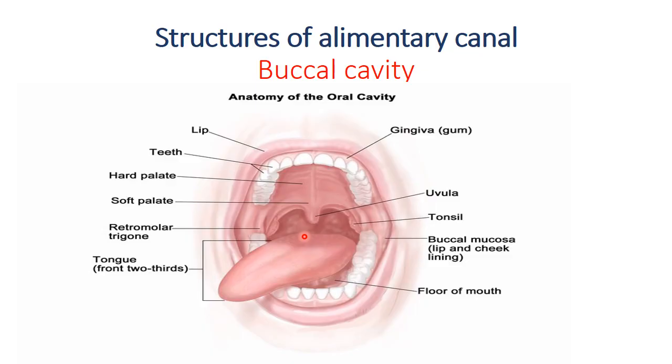After grinding and mixing, this food is converted into a soft ball-like structure called bolus, which enters the next part of the alimentary canal called the pharynx. The pharynx is a common passage for both air as well as food.